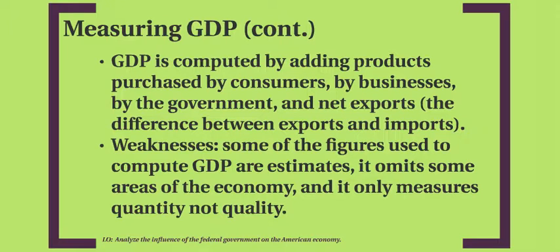It does affect the economy, but once again, they're not going to report that. At least if they're smart, they wouldn't be reporting that to the government. So things like that become really hard to measure. So we can't really count those types of transactions. And then another criticism is that it only measures quantity and not quality.